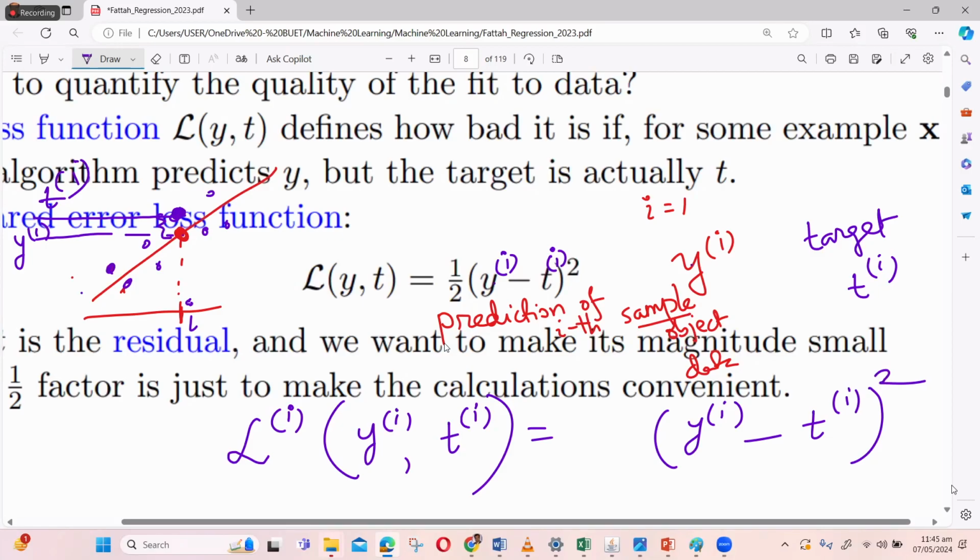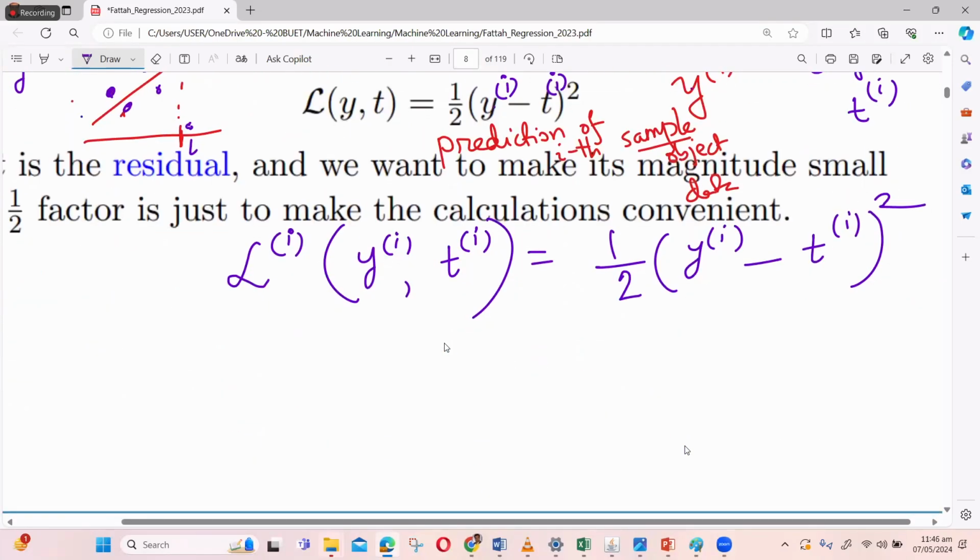And as I said earlier, to make future differentiation easier, we use a constant value of half. The constant doesn't matter because it doesn't depend on i. For every sample, every student, a half will be applied, so there is no problem comparing the loss. So it's just a constant. So this is the loss function for every sample, for every data.